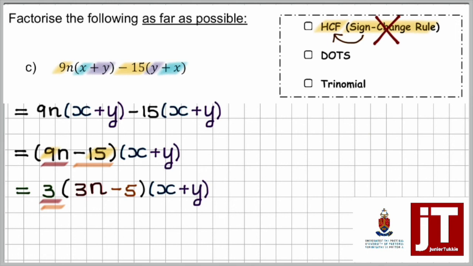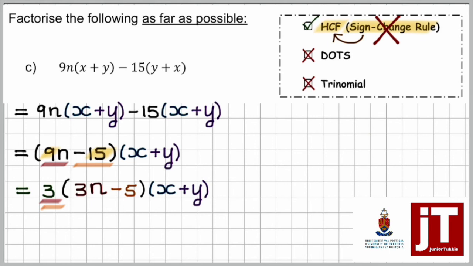And at this point, if you move through the list, you will see we do not have a difference of two squares, we do not have any trinomials, and we do not have any more highest common factors to factorize out. So at this point, we have factorized as far as possible. Now, grade 9s, it is actually not necessary to complete the first and second set.